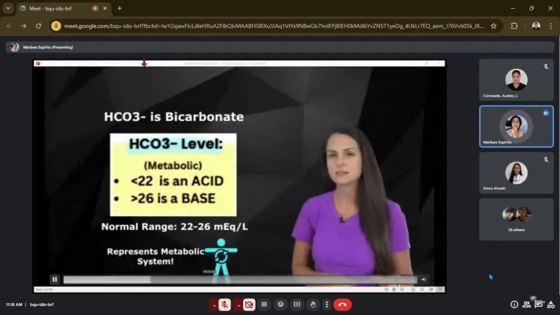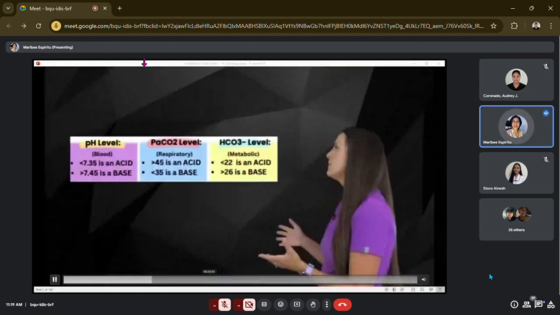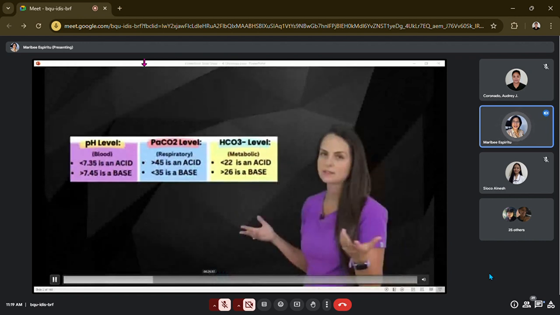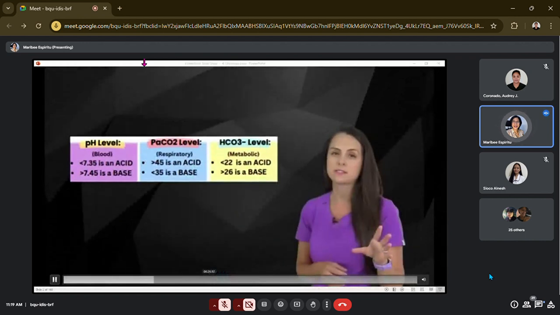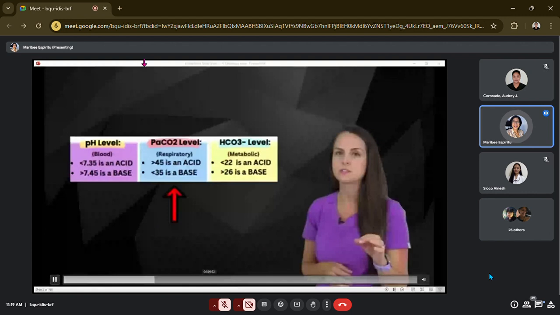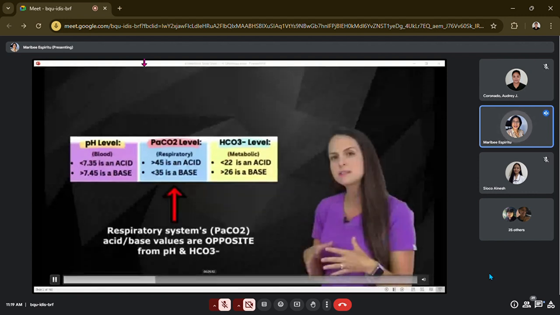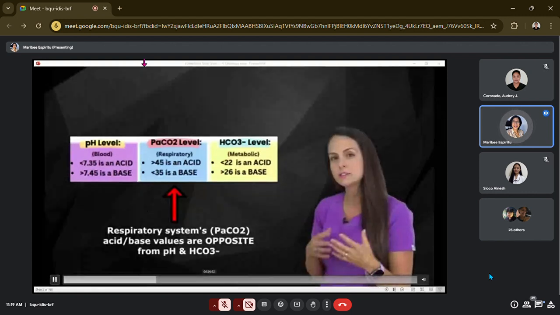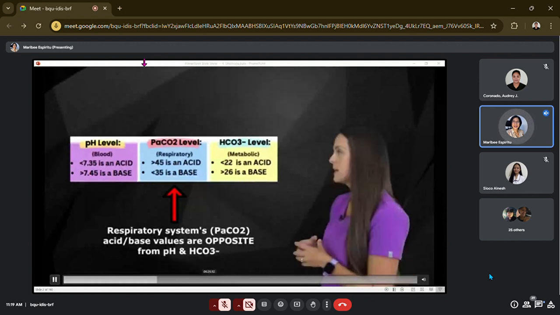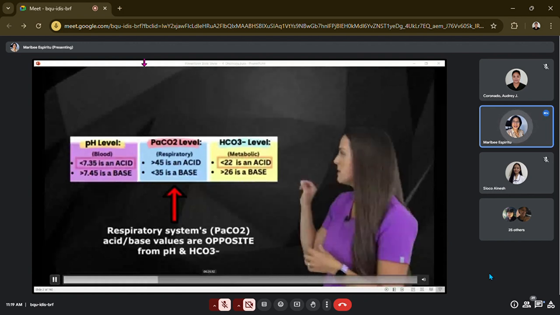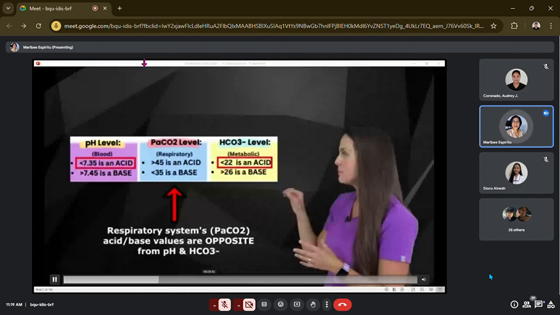Now, whenever you're looking at these lab results and you're thinking, how am I going to memorize this? Try to keep a few things in mind. One thing is that the respiratory system is a little bit special when it comes to its values. It's the opposite on whether it's an acid or a base compared to pH and bicarb, because notice with pH and bicarb, its low values like 7.35 or 22 are automatically considered an acid.